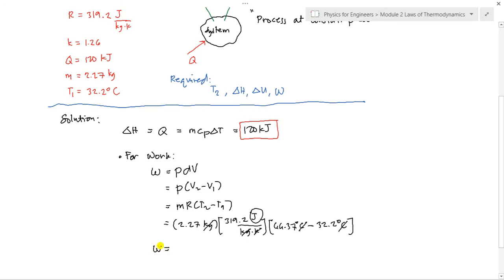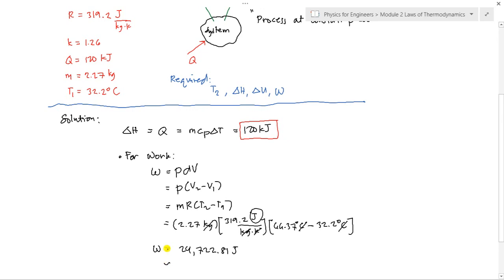So work, simplifying, we have 2.27 times 319.2 multiplied by 66.37 minus 32.2. The answer is 24,722.81 joules.